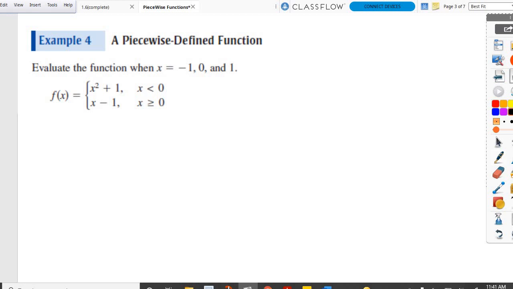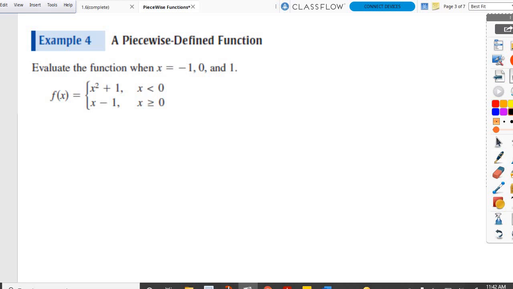Except this time, how many equations or pieces do we technically have? 2. Do I want to plug it into both of them and get out 2 different y values? Why not? What happens if I get out 2 different y values from plugging in one x value? It's not a function, right? That's what the definition of a function is: I can't plug in the same x value and get out 2 y values. Agreed?